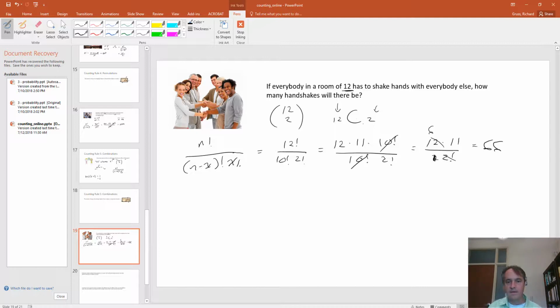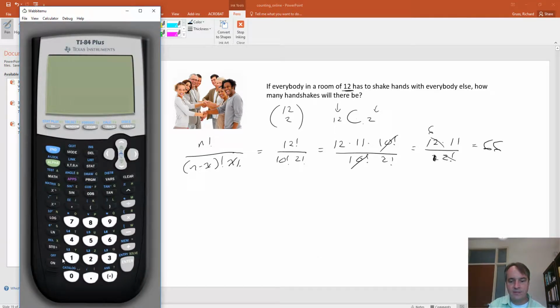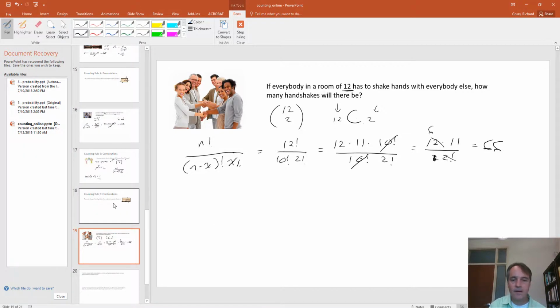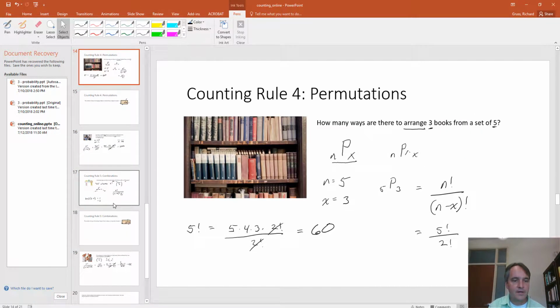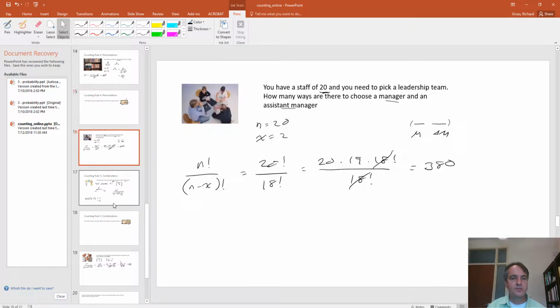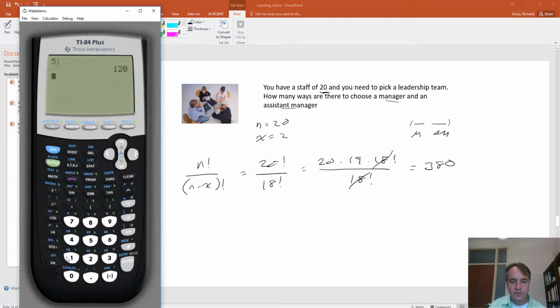You can find permutations and combinations on your calculator. I'll show you how to do them on the calculator as well as in Excel. So let's go back to the permutations problem where we were finding, let's say this one, 20 permute 2 on your calculator. Let's turn this on. It's an infix operator, meaning that you have the operands on the outside. So we're going to do 20, and then we're going to come back here to math and probability again.